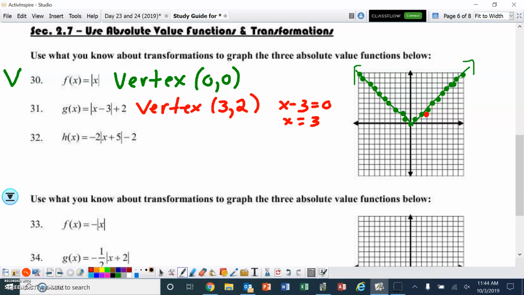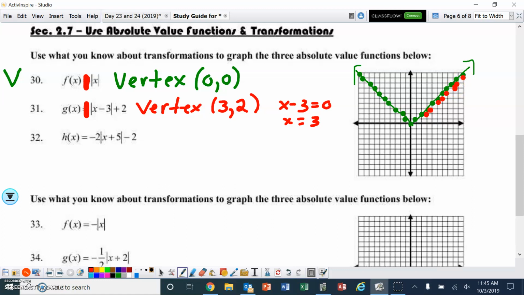Now, in front of the absolute value, there is a number. It's a 1, just like the number in front of the parent function was a 1. So that means we're going to do the same thing as we did for number 30. We're going to follow the same pattern. We're going to go up 1 over 1 as best as we can. Sorry, my dots are a little bit crooked.